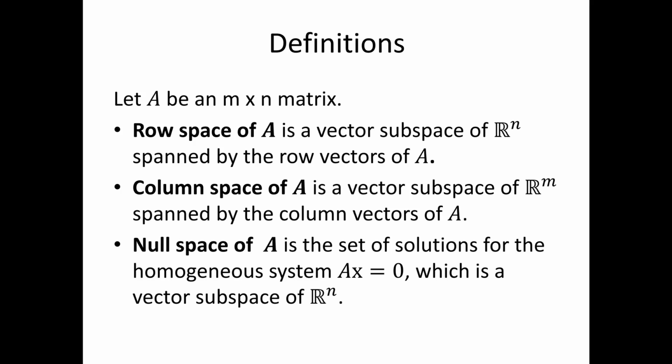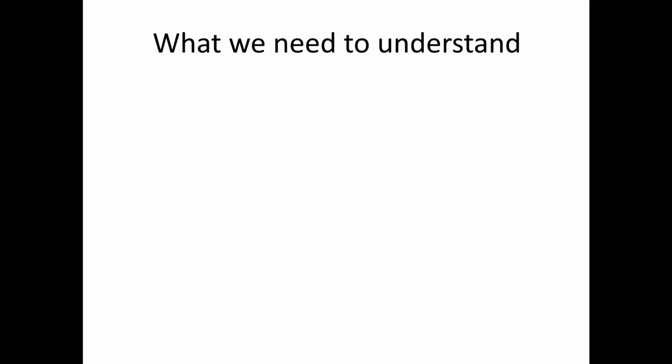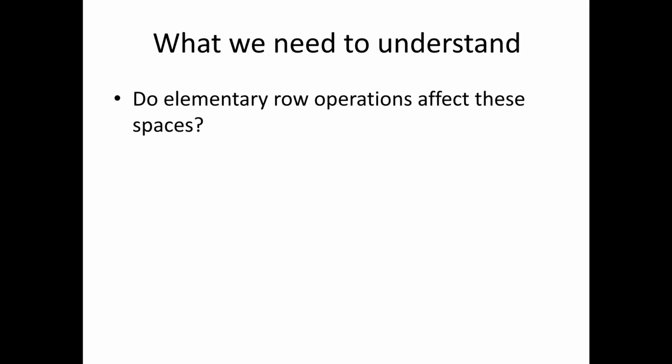So what exactly do we need to understand about these spaces? What we need to understand is, first off, do elementary row operations affect these spaces? Suppose that you have the original matrix A, and as you know, you can apply elementary row operations to produce, say, an REF or something like that.